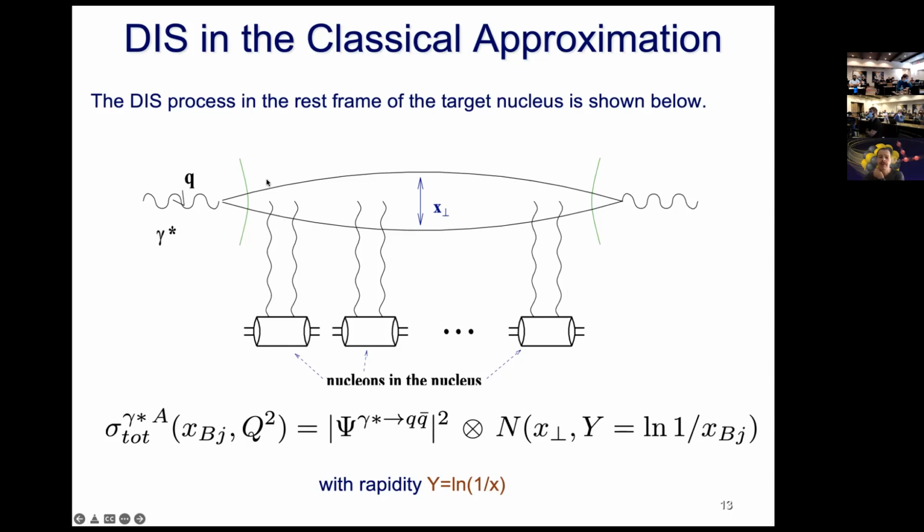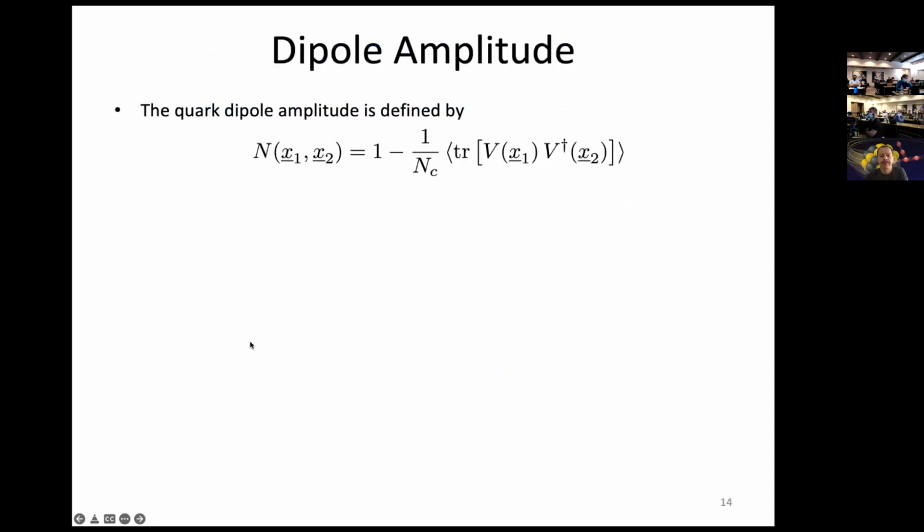All these multiple rescatterings would give us the dipole amplitude N, and like I said, the wave function is a known object. We convolute the two, we get the total DIS cross section, we get structure functions F2, FL. So that would be already very useful.